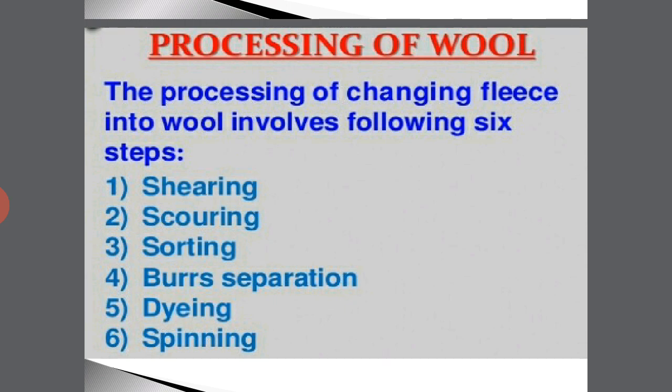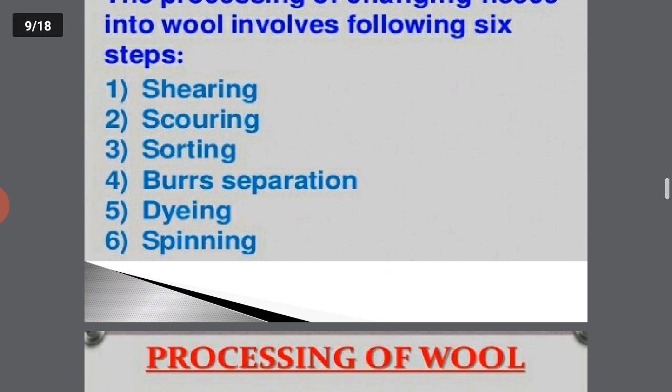The processing of wool involves 6 different steps. Processing of changing fleece or hair into wool involves these steps: shearing, scouring, sorting, burr separation, dyeing and spinning. After these steps, the wool obtained from animals is ready to use.